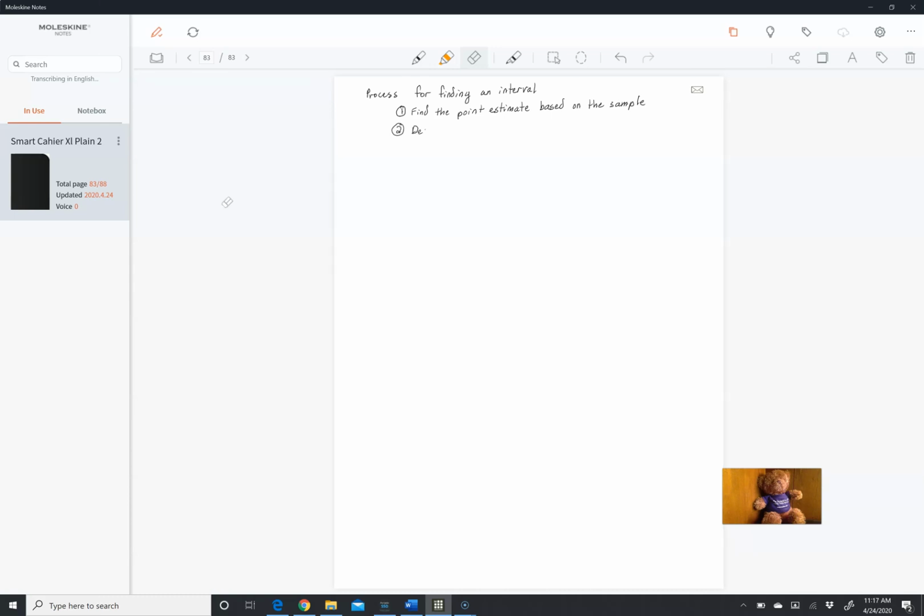Then you're going to decide on a confidence interval. I want to be 95% confident it falls within this interval. And then finally, you're going to calculate your margin of error.